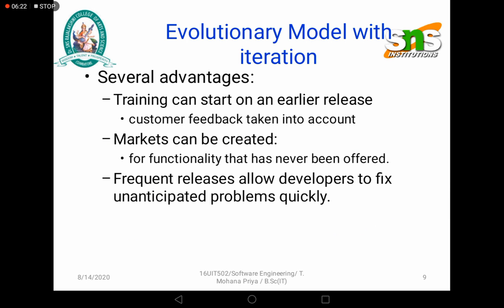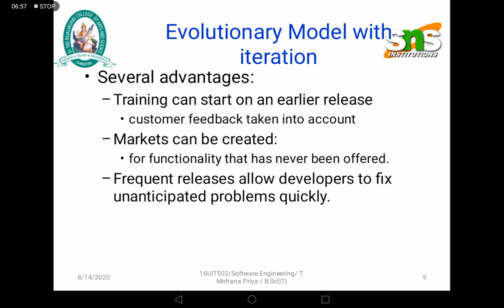Where can we use the evolutionary model for product development? When the customer does not like to wait a long time to get the product, they can go for the evolutionary model. Because of it, a customer may get the partial fulfillment of the product and use it for his purpose, with no need to wait a long time, while the development team develops the product incrementally and gives it to the customer.